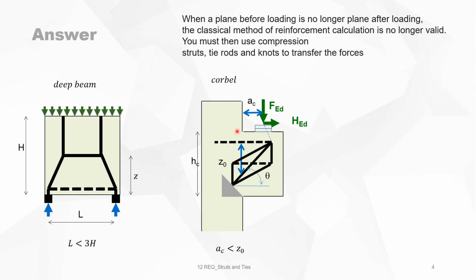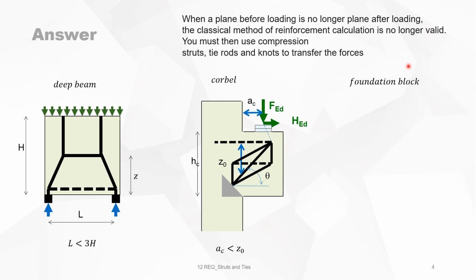The condition is that the distance AC must be smaller than Z0, and Z is where the main compression strut reaches the sides of the column or wall, and then the distance to the center of the tension rod.